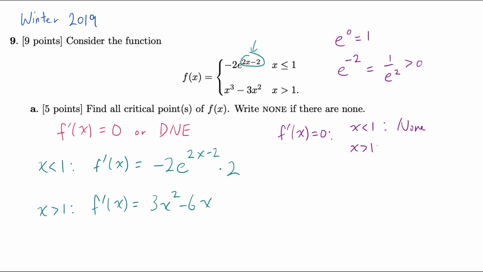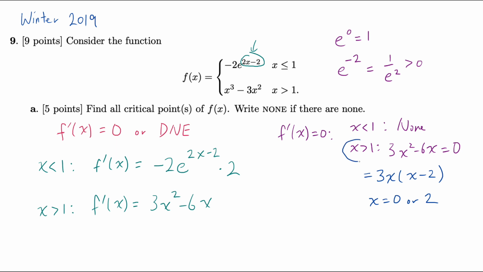When x is larger than 1, let's see if 3x squared minus 6x can be 0, and here it certainly can be 0. How can you figure this out? You can try factoring. When I factor out 3x, I get 3x times x minus 2. So that's telling you that x can be either 0 or 2. So we have found 0 and 2, but here's the key thing.